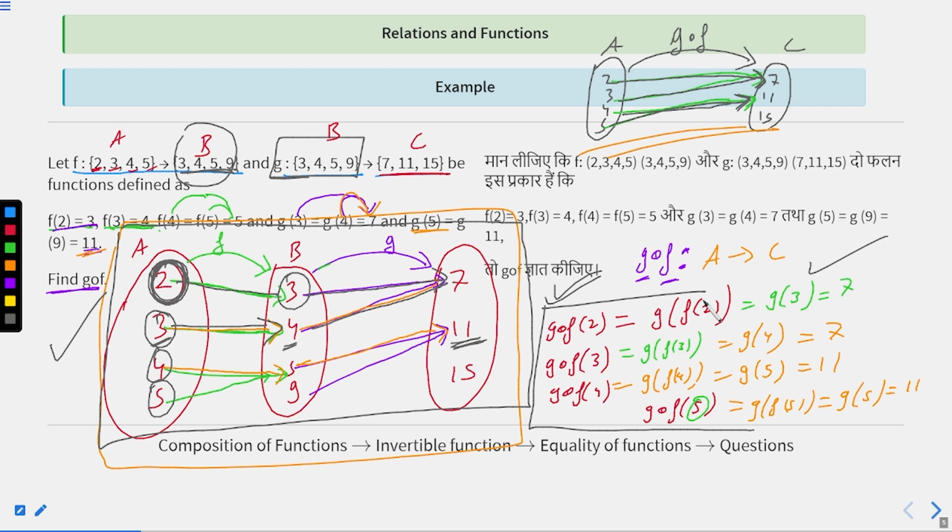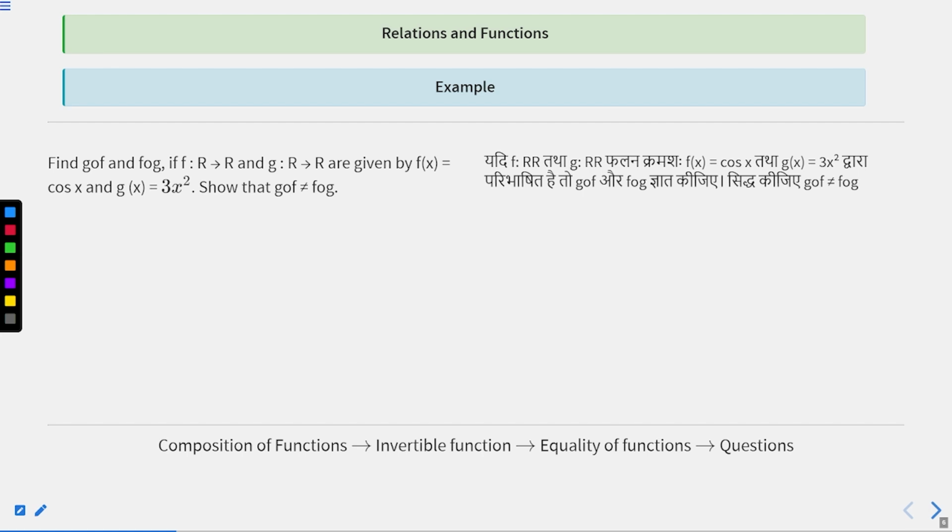Let's move to next. Now we need to find out the g of f and f of g. If my function is from R to R, and g is also from R to R, it satisfies the basic needs to composite any two functions, because in g of f what we need, the codomain of this function, let me write properly, necessary conditions for g of f.